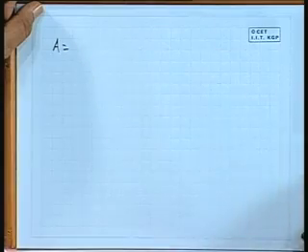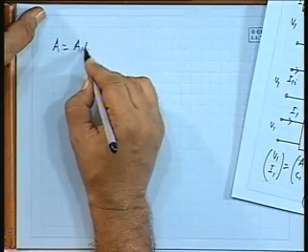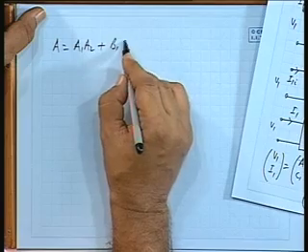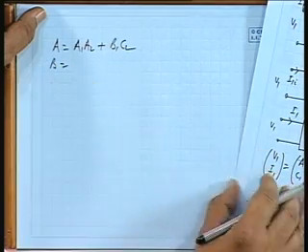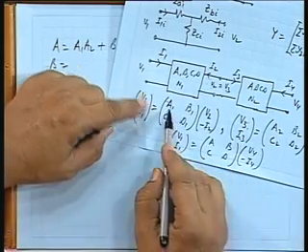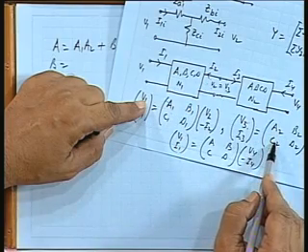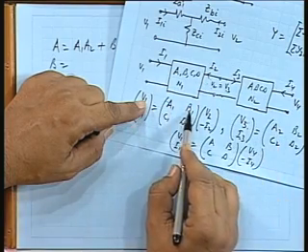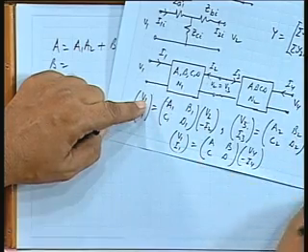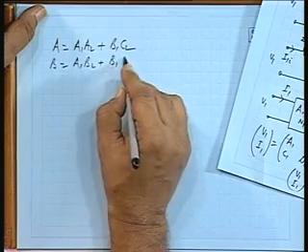So overall A will be A1 A2 plus B1 C2. B will be this multiplied by this, A1 B2 plus B1 D2.